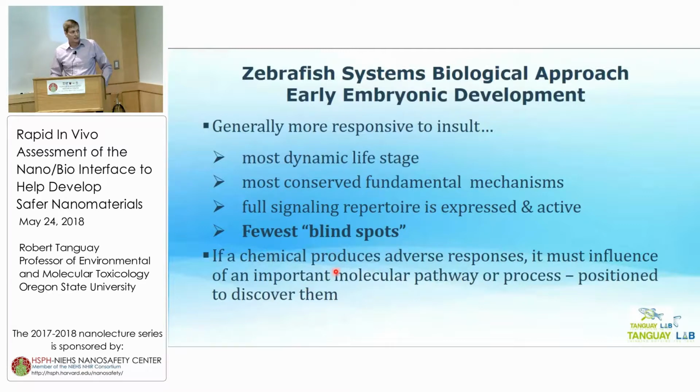So in a practical sense, if a chemical or a nanomaterial produces some effect, some change, it must influence an important pathway or process. Okay, so our goal from today's talk is going to be to use this complex biology and look for a change, and then use the change to identify the target, and also assist in the design of new products, if that makes sense.